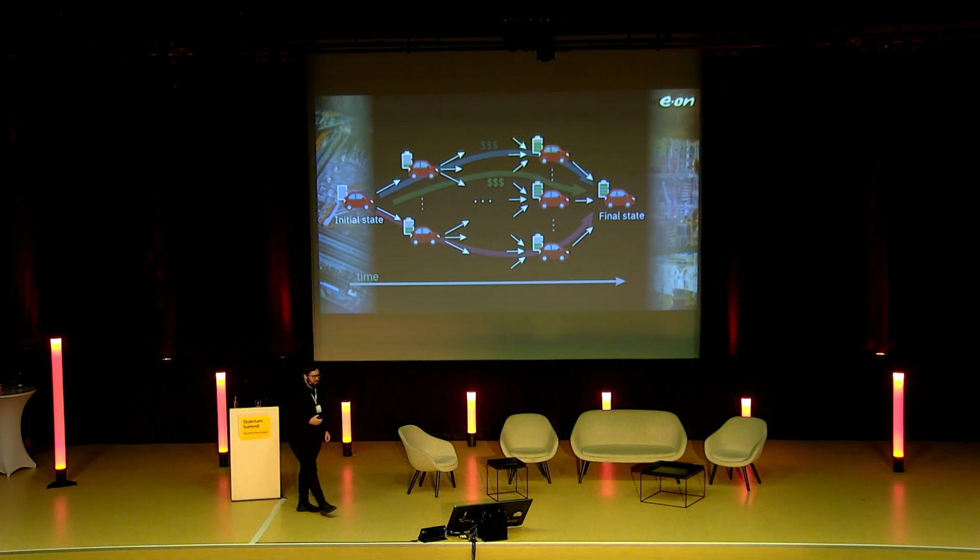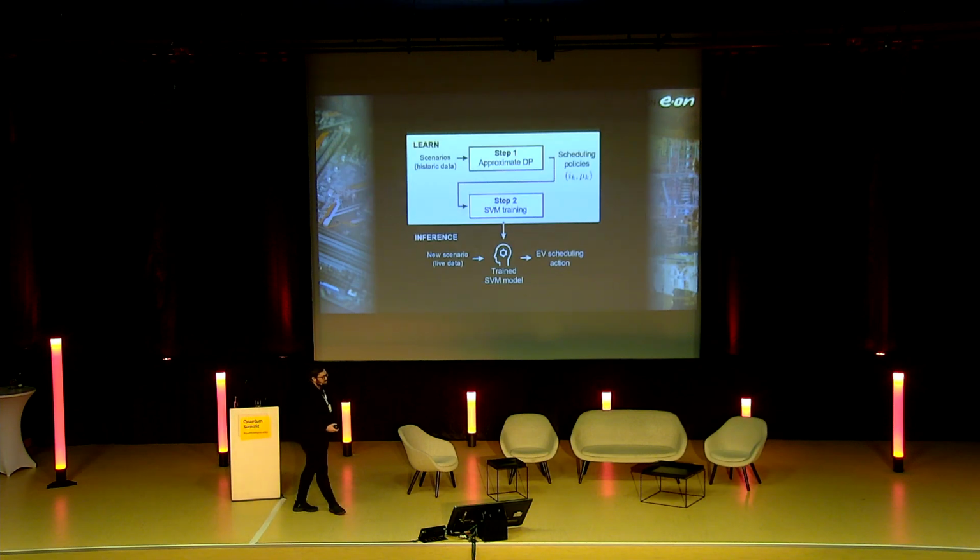And so what we did is, for a small set of cars, you can actually compute this by brute force. That's called approximate dynamic programming. And you learn what the optimization algorithm, the steps it took for each car, for each time step. And then what you can do is you can train a machine learning algorithm.